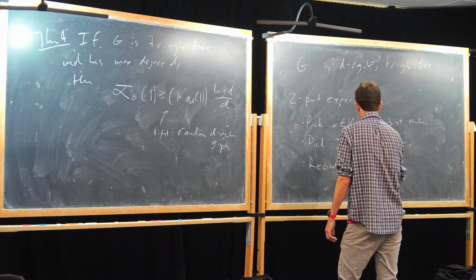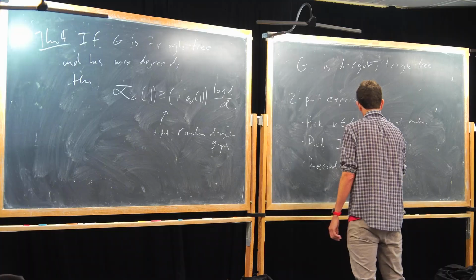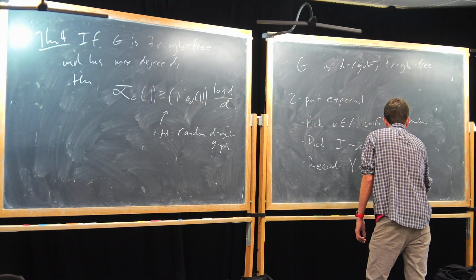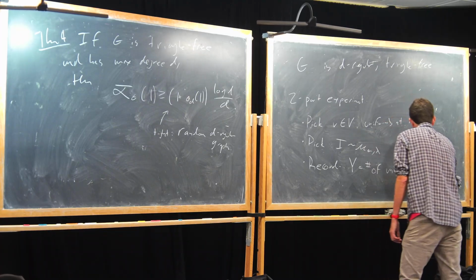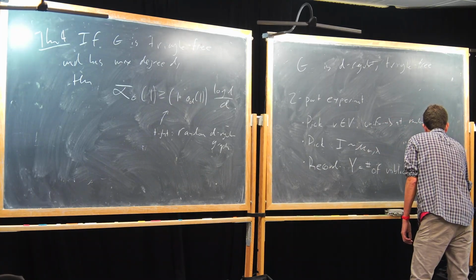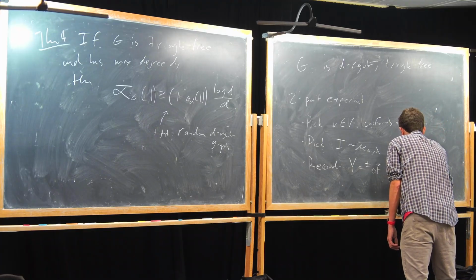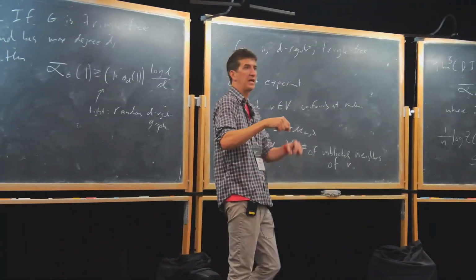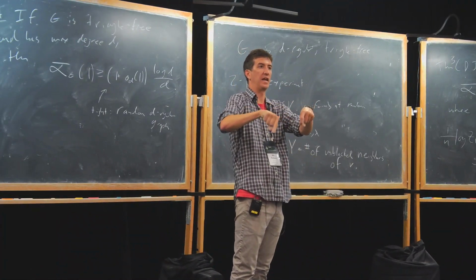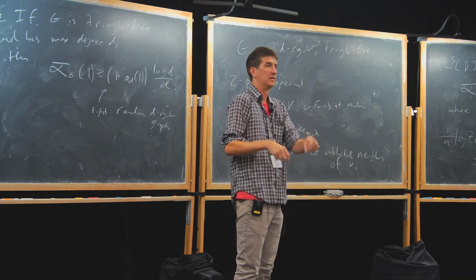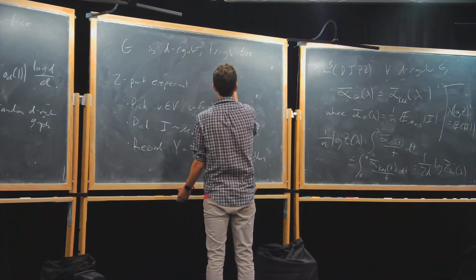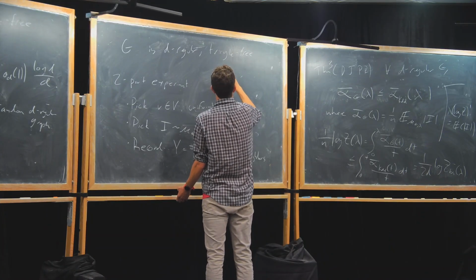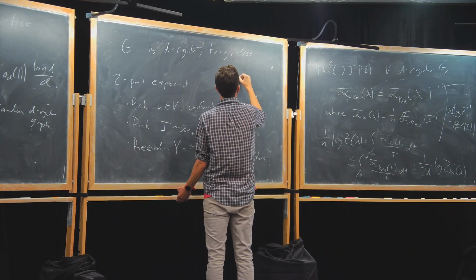a random variable Y, which will be the number of unblocked neighbors of V. Unblocked means a vertex doesn't have any neighbors in the independent set. So if my picture looks like this, here's V, here are my neighbors, and they have some neighbors.